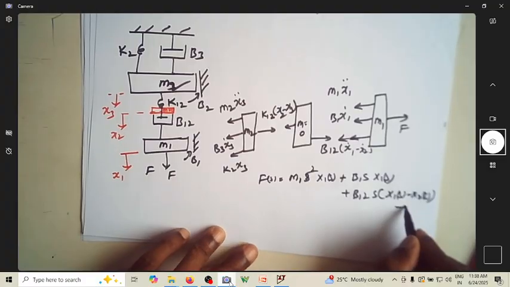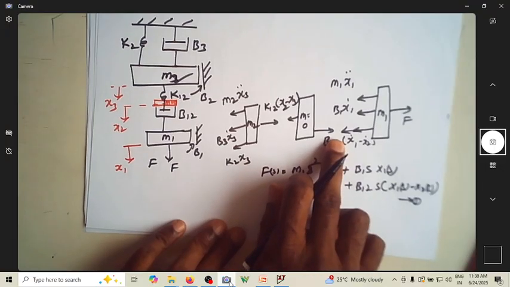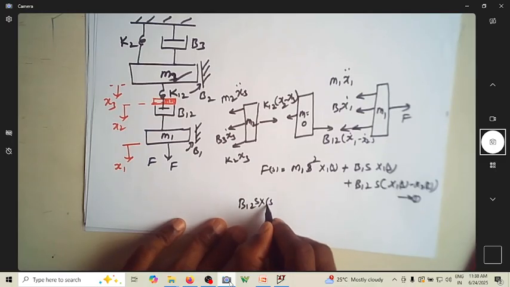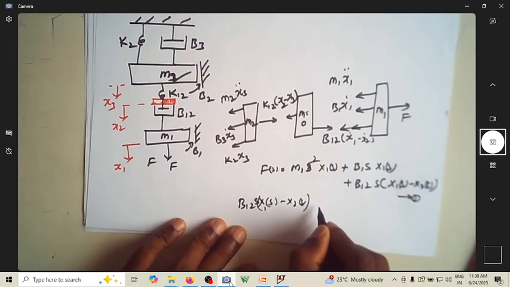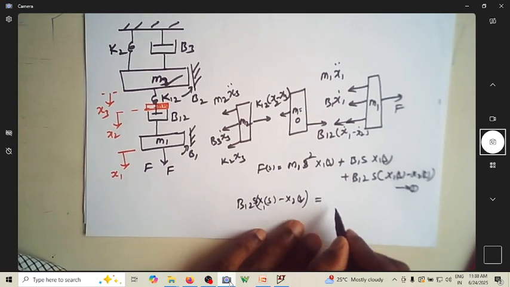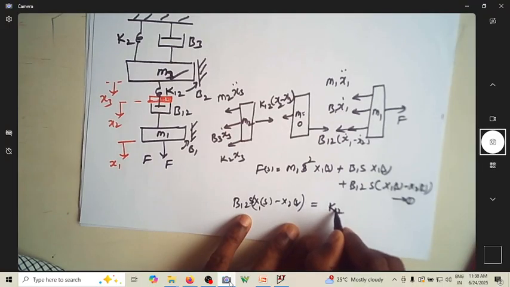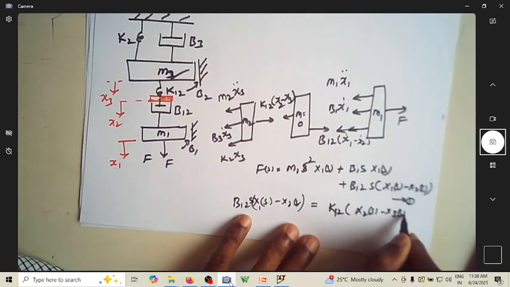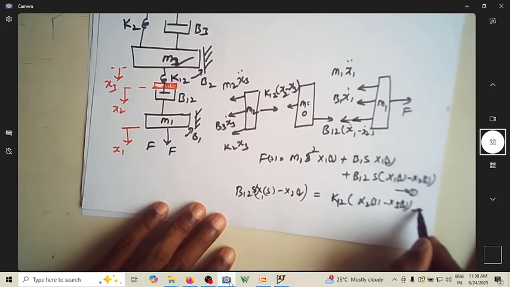This is the first equation. For the second equation, the acting force is B12 s into x1 of s minus x2 of s. That will be opposed by K12 times x2 of s minus x3 of s, because this mass is 0. Then this is your second equation.